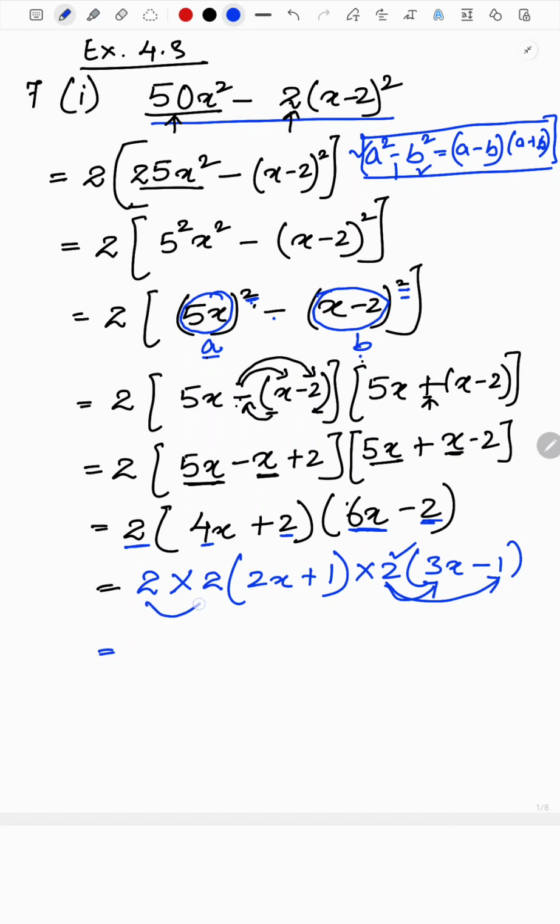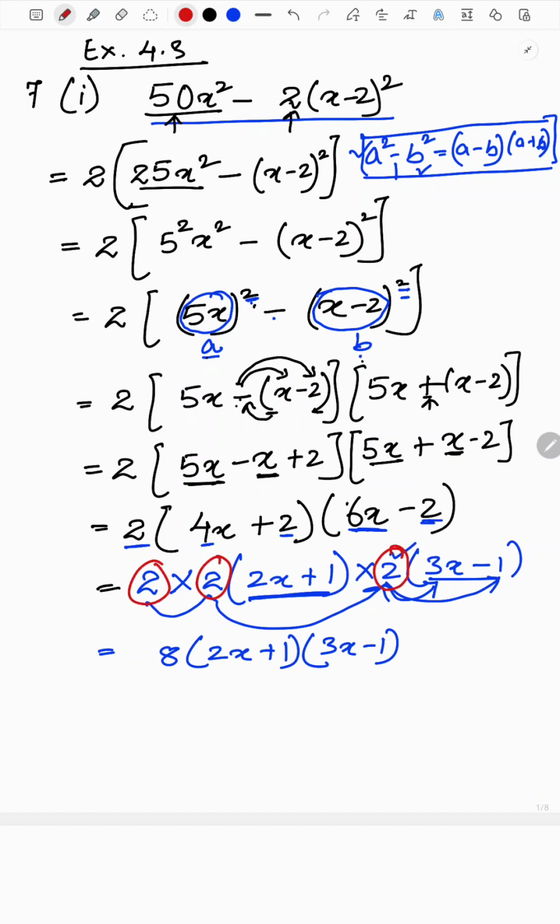So now you see that 2 into 2 into this 2 will give me 8, and the remaining numbers are 2x plus 1, which I have here in the bracket. Here I have 3x minus 1. Now don't get confused regarding this 2. This 2, this 2 and this 2 has been multiplied. 2 into 2, 4, 4 into 2, 8, which I have written here. So this is the ultimate solution that you get for question number 7.1.